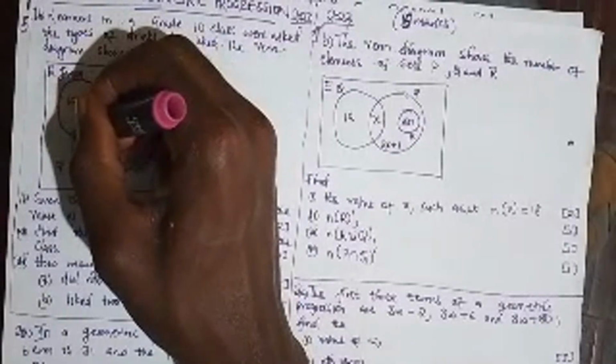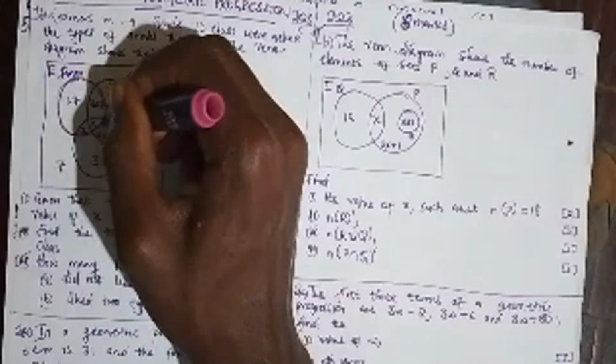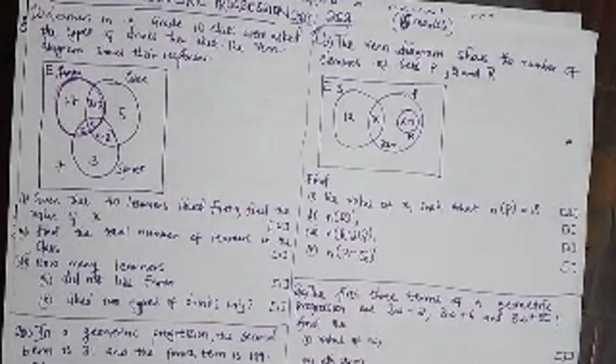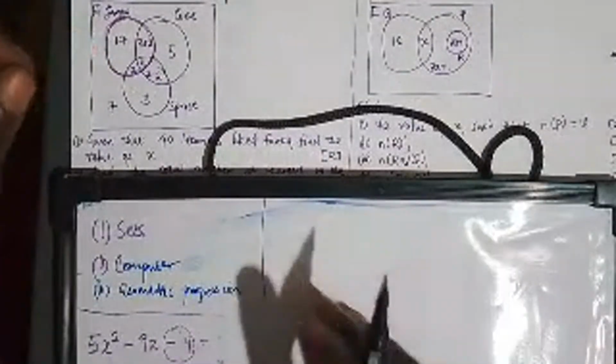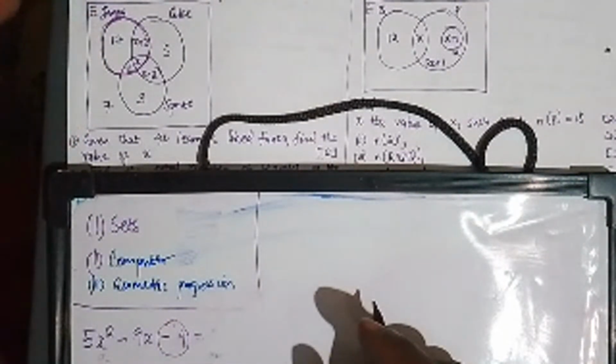If you can see, this entire circle represents Fanta. In Fanta, we have 40 learners.